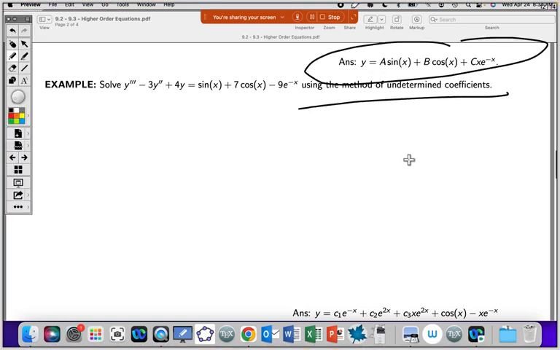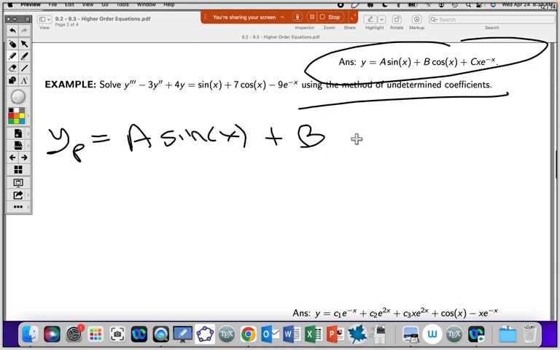Solve using the method of undetermined coefficients. So once again, I'm not going to go through the details here, but what would you do? You would take your guess for the yp, and you would stuff that into the differential equation.